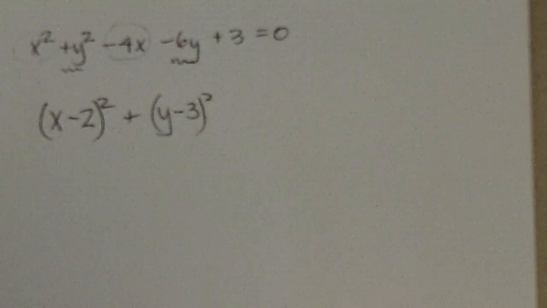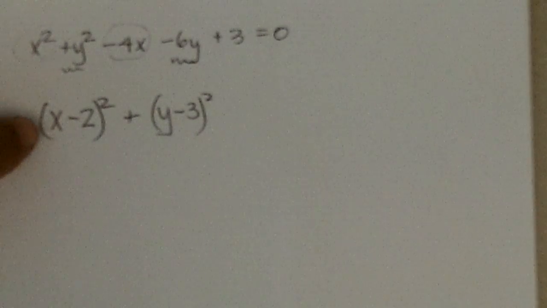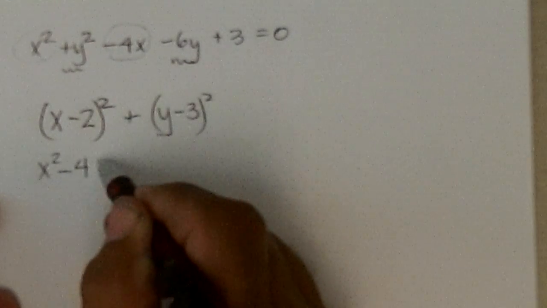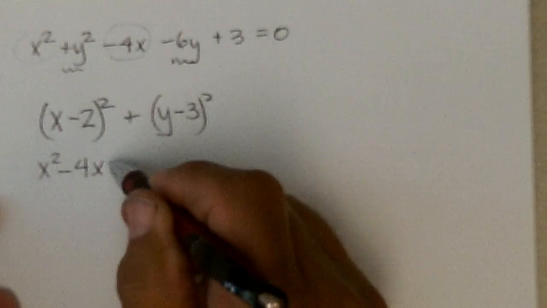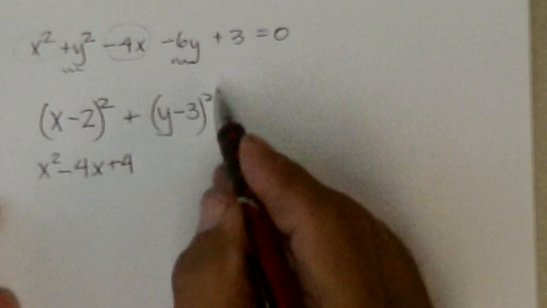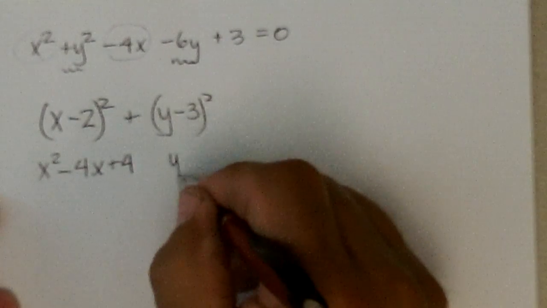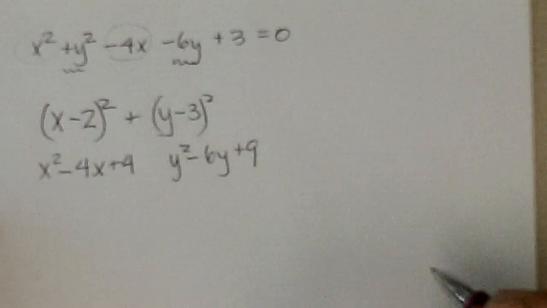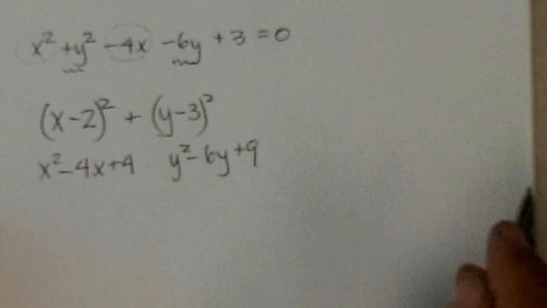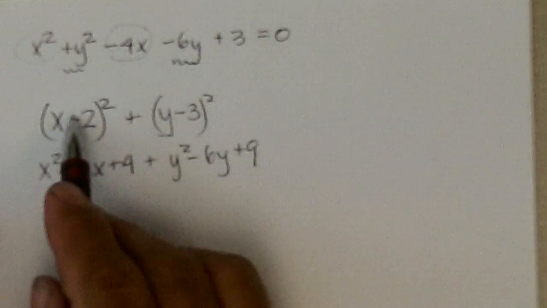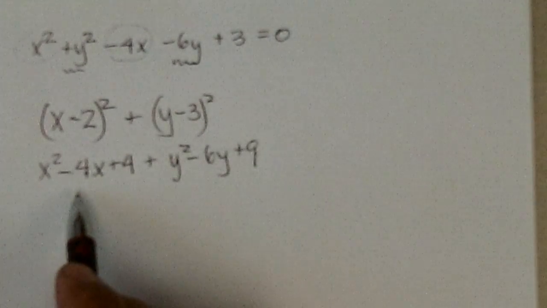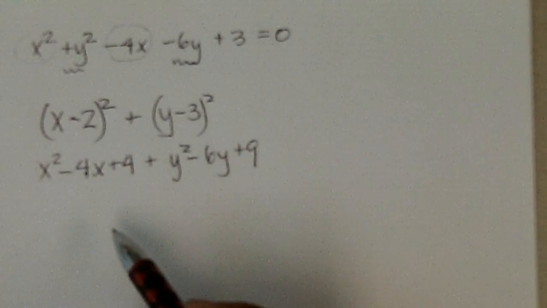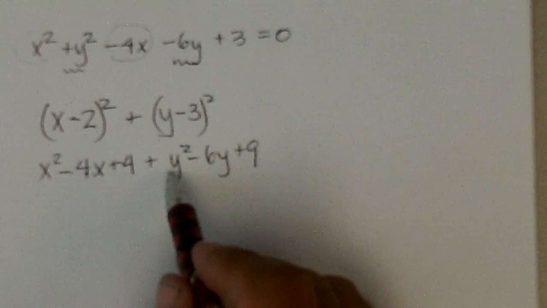Now, I have to use my thinking cap. If this was multiplied out, I would get x squared minus 4x plus 4. If this was multiplied out, I'd get y squared minus 6y plus 9. That multiplied out. Check my last video on going from a circle with a different center and moving it.